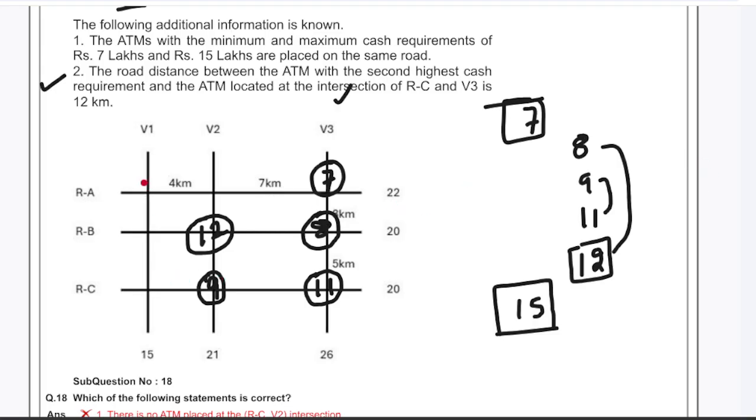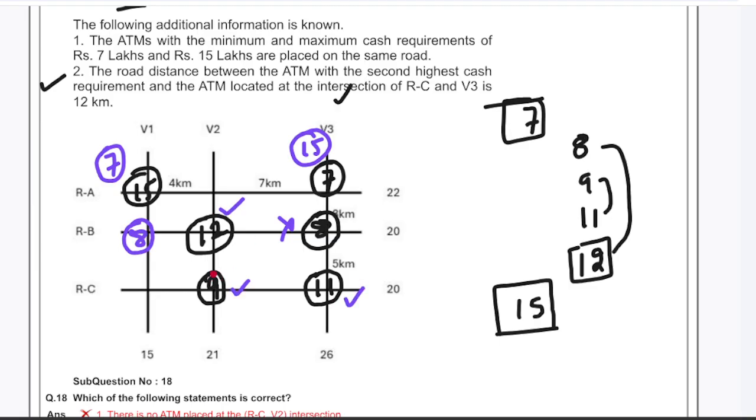And this can be 15. Or the second case is we can have 7 here, we can have 15 here, we can have nothing here, and we can have 8 here at this point. Now these points are going to be the same: 9, 11, and 12.